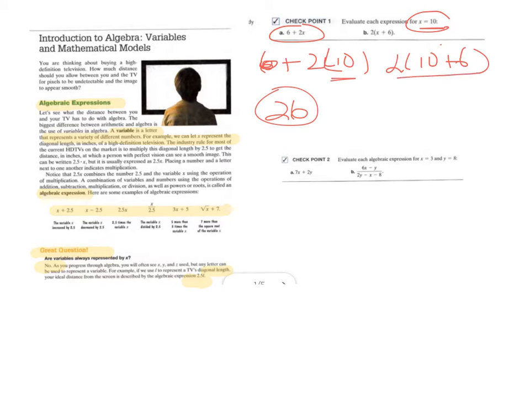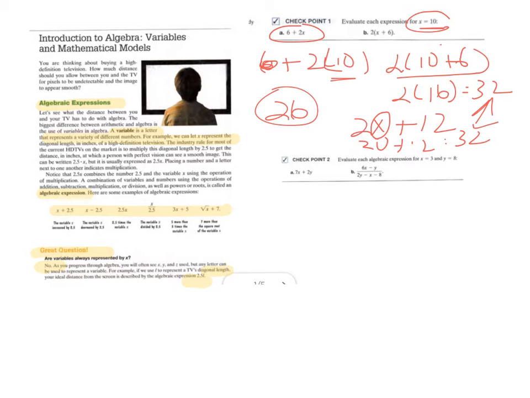And if we do this math with parentheses first, we get 2 times 16, which equals 32. Now if you do it distributive-wise, we have 2x plus 12, that's distributing, and we replace the x with the 10, we get 20 plus 12, and we get the same answer.